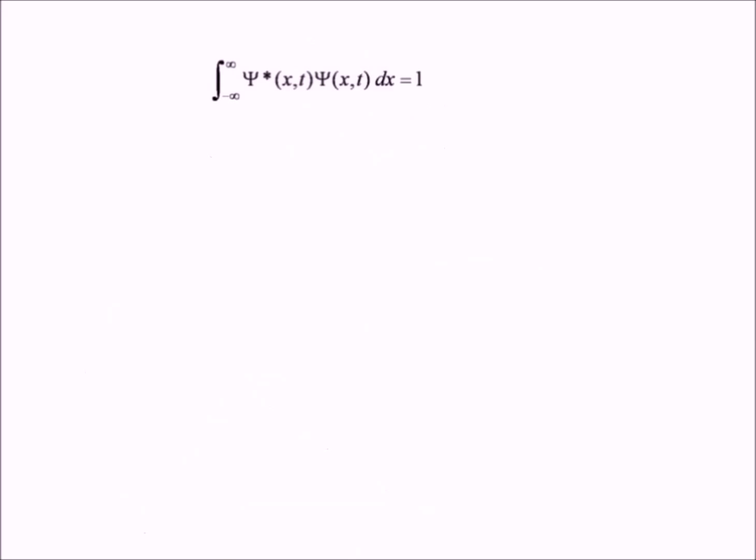So let's solve. We have the formula integration of psi star psi is equal to 1. In the next step we will put in our given wave function. It is split into 3 different limits: 0 to a, a to b, and any other.